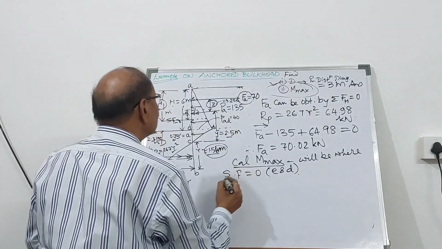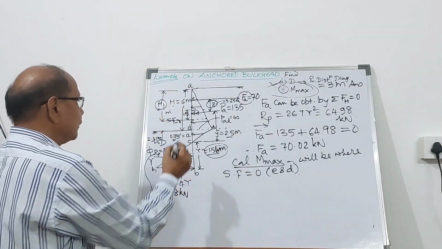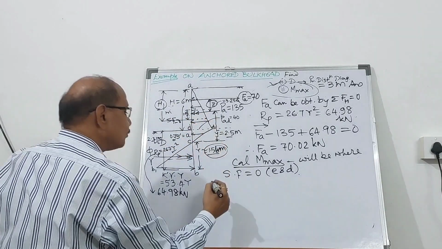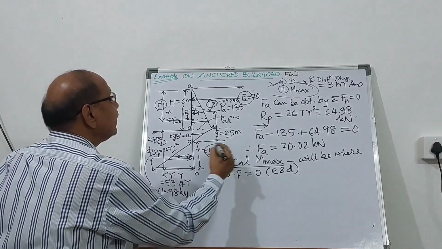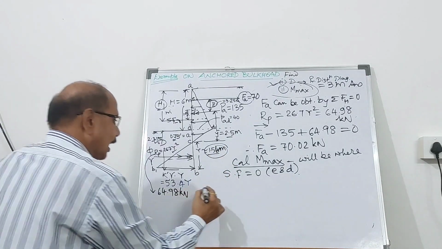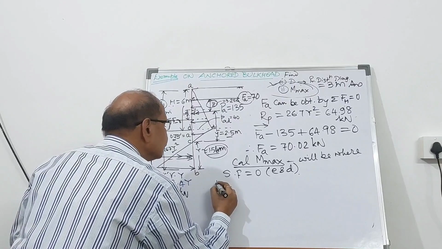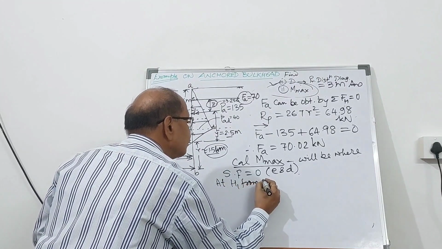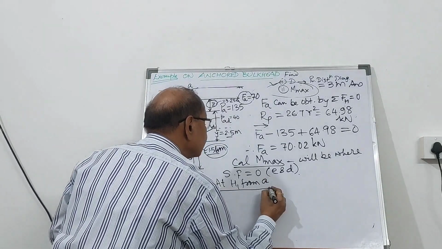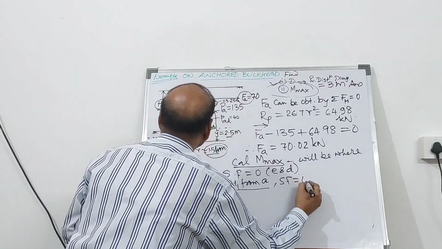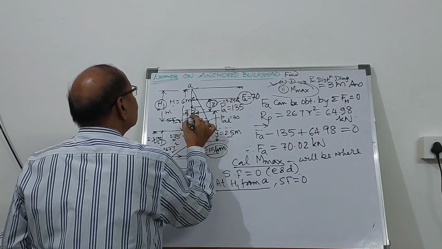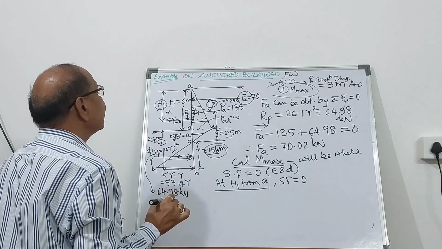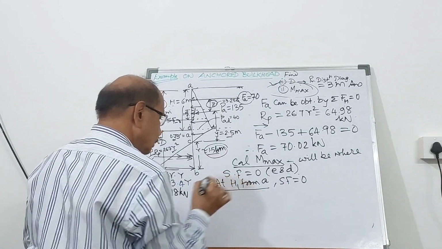So you can find out the forces that are going to act. The shear force will be FA, that is already known to you. And at h1, from A, shear force equals 0. Let's say that point is F. So at F, the shear force equals 0.